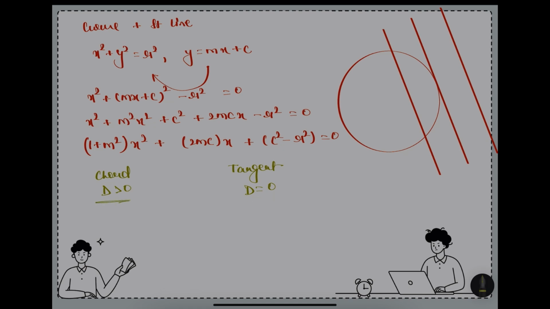If you want a chord, meaning two cuts, then you need two real roots. And if you want no cut no touch, you should go with D less than 0. Now in these three cases the tangent condition is important, so I'll go with the condition for tangent.